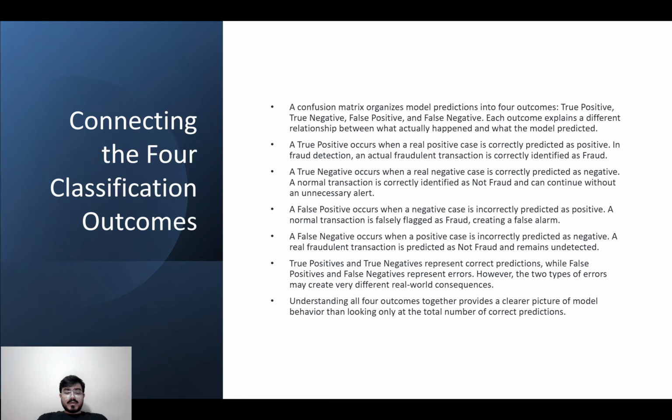For example, in fraud detection systems, missing a real fraud case can be much more serious than creating a false fraud alert. In other applications, the opposite might be true. This is why machine learning engineers always look at these four outcomes before deciding whether a model performed well enough for a particular task.